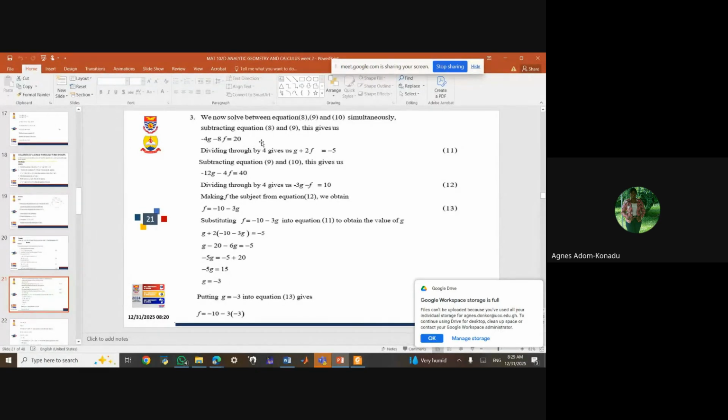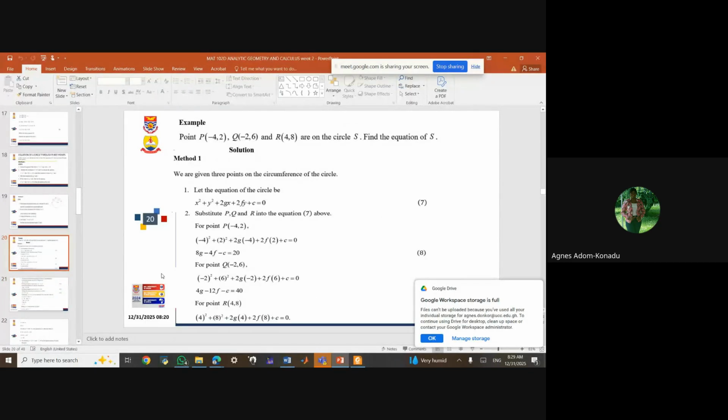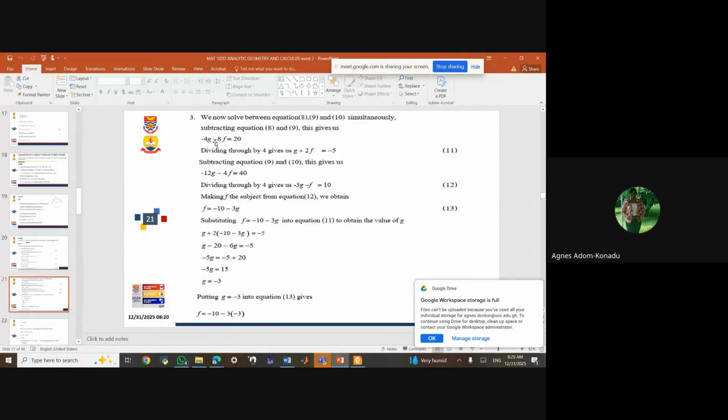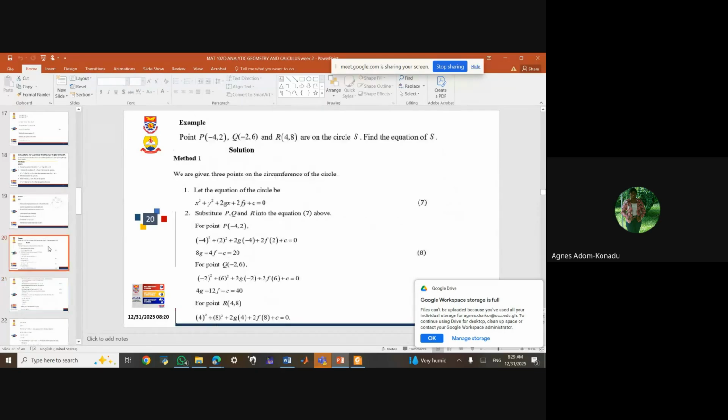Then after getting the 3 equations, you know how to solve simultaneous equations. So you just play around with it, from how you know how to solve simultaneous equations.